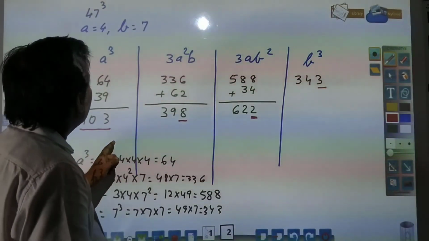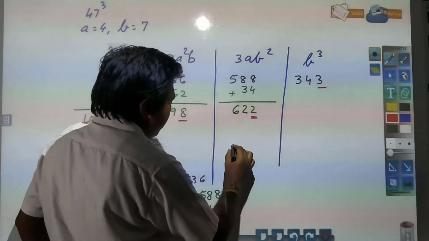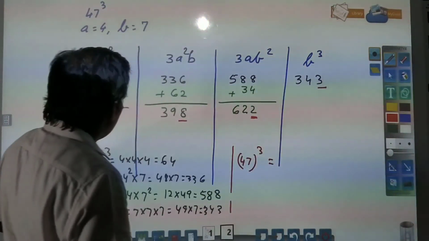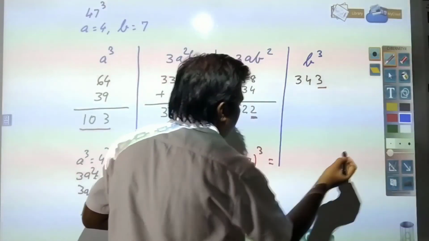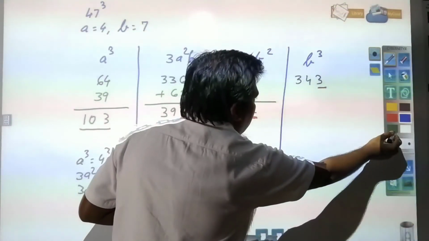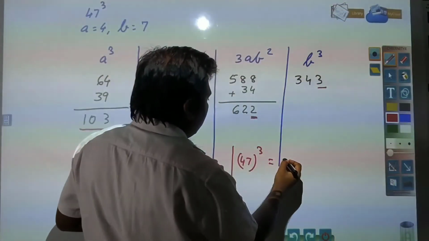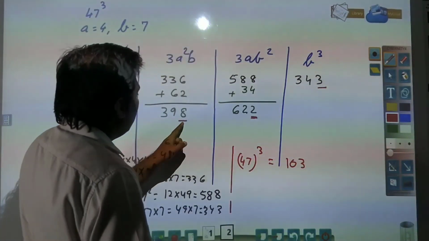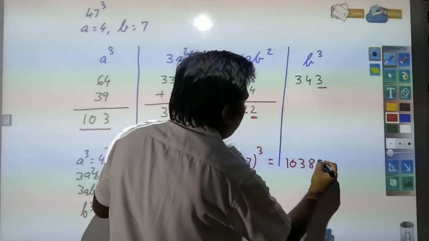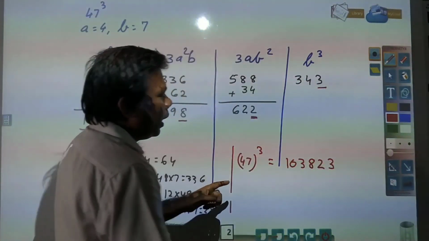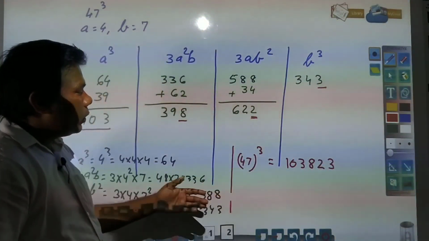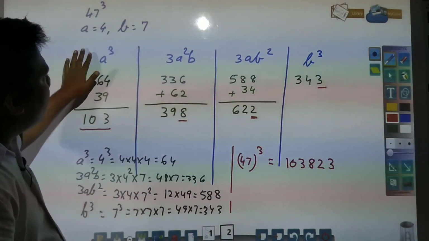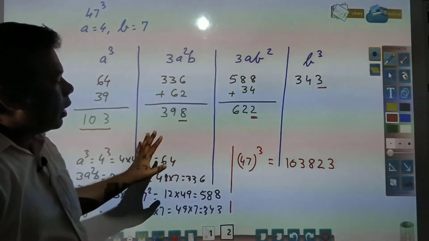So finally what you have got, 47 cube is equal to, you will write 103,823, and this will be your answer. So in this way we need to find out cube of any given number by this shortcut method.